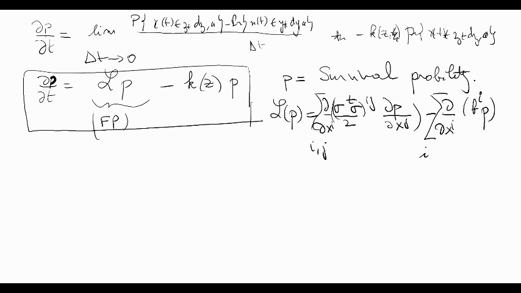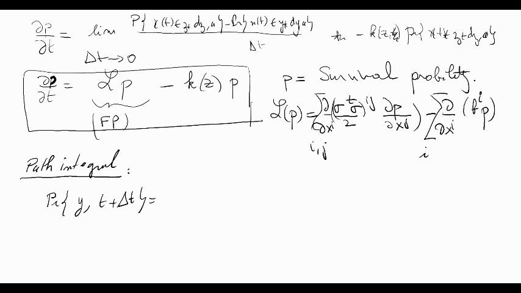Right, and so there is another method to go about it. It's to use the path integral, which I want to discuss very briefly. The path integral method is to use, between t and t plus delta t, that the survival probability density function satisfies the probability to switch to y at t plus delta t. This is written in dimension 1 here, but it can be written in n dimensions.